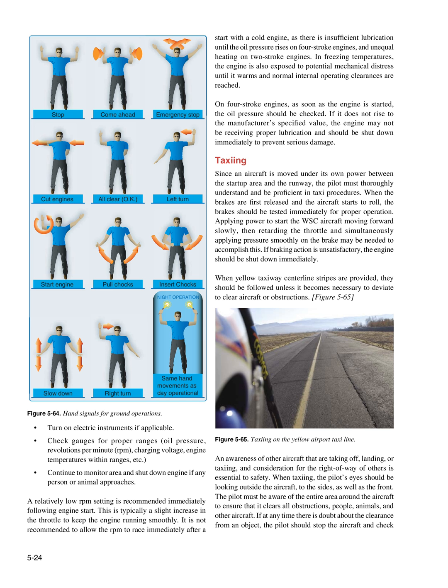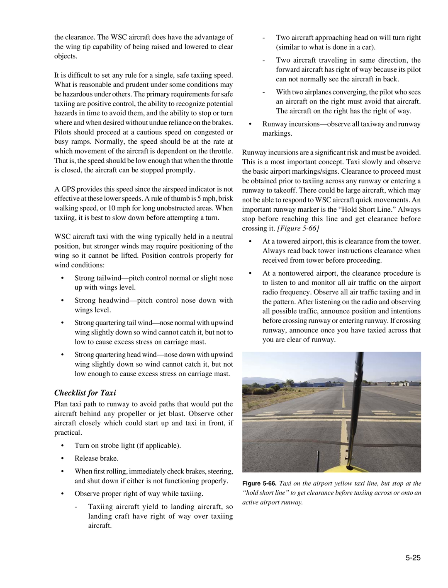The pilot must be aware of the entire area around the aircraft to ensure that it clears all obstructions, people, animals, and other aircraft. If at any time there is doubt about the clearance from an object, the pilot should stop the aircraft and check the clearance. The WSC aircraft does have the advantage of the wingtip capability of being raised and lowered to clear objects.